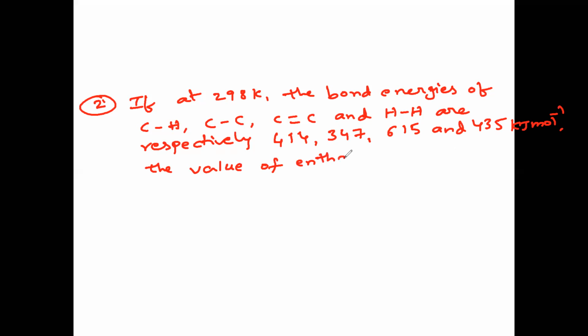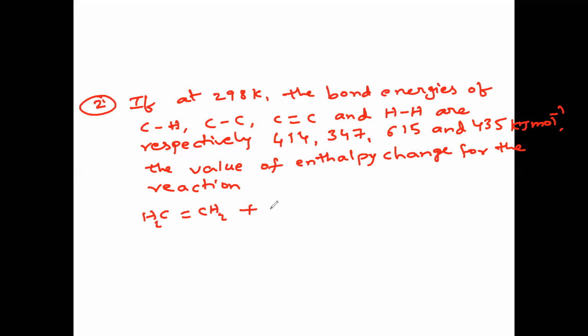They're asking enthalpy change for the reaction CH2 double bond CH2, that is ethene, on reaction with hydrogen gas forms CH3 single bond CH3, that is ethane. So ethene changes to ethane gas at 298 kelvins and 1 atmosphere respectively.